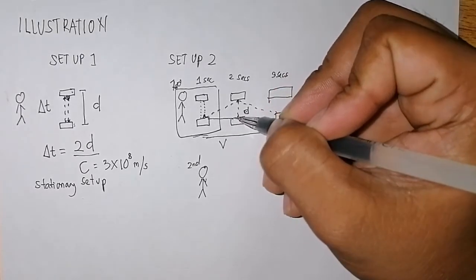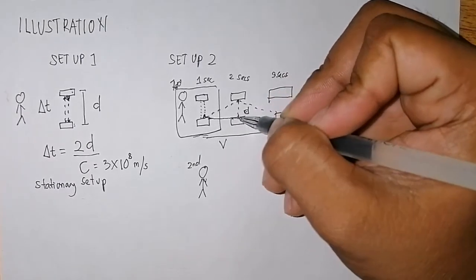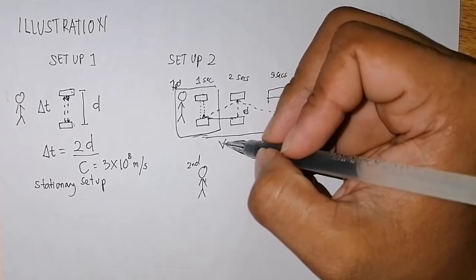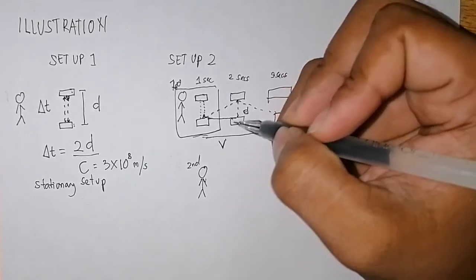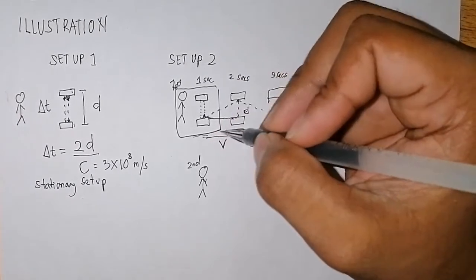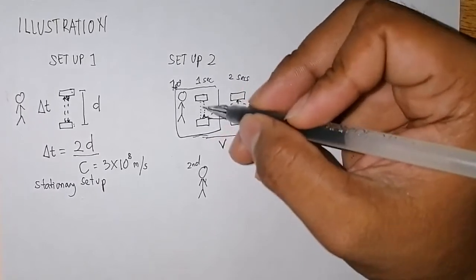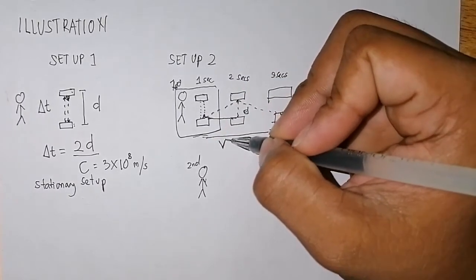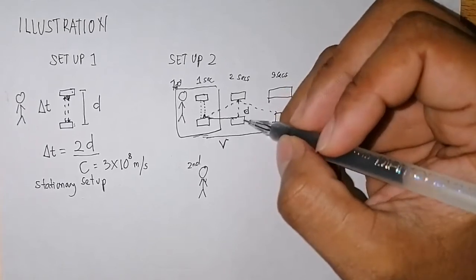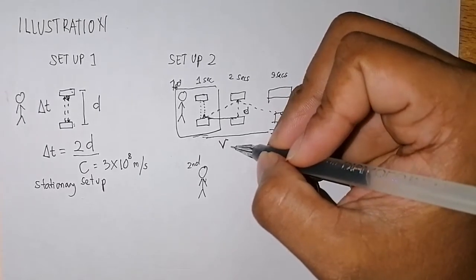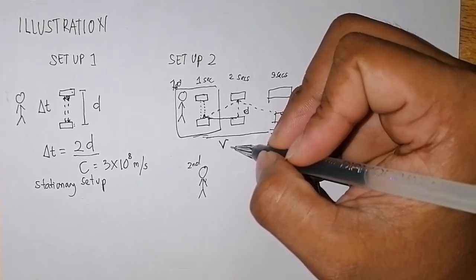On the horizontal part, the vehicle that carries this equipment has its own velocity, and this velocity is measured in meters per second.